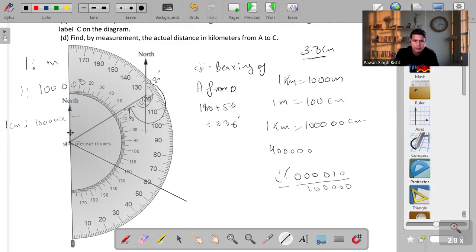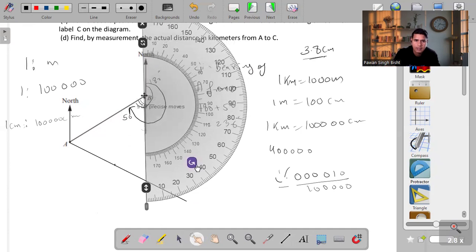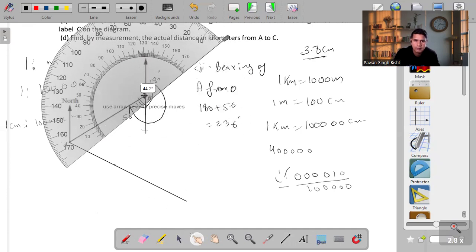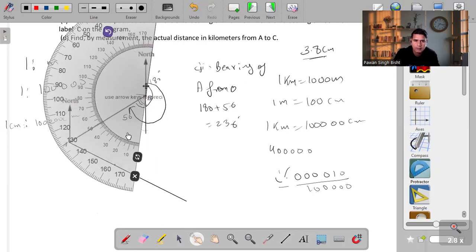This is 120. Okay. Now they say 195 from B. So I take this protractor here. I will rotate it. Put it here.